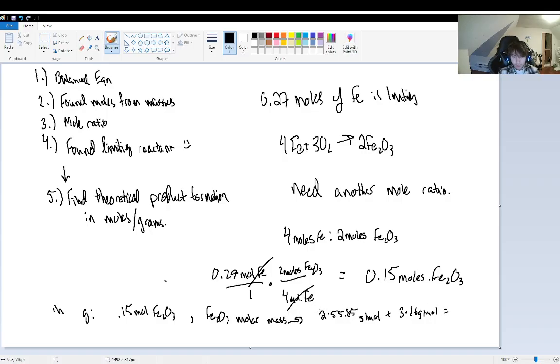Which gives you 111.7 plus 48. This is 159.70 grams per mole.